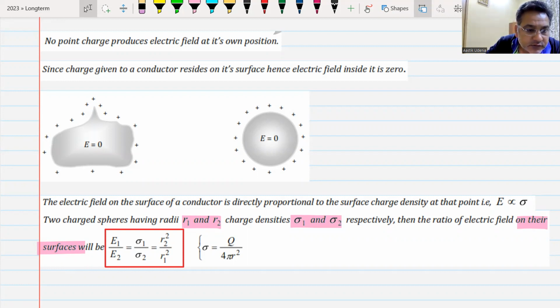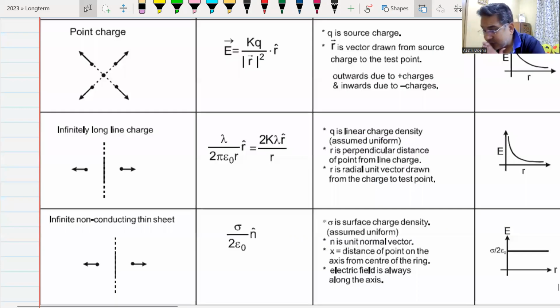So you can see these three: electric field due to a point charge. You remember the formula? The normal scalar formula is kq by r square. Here r is a radius vector drawn, and this is the graph.